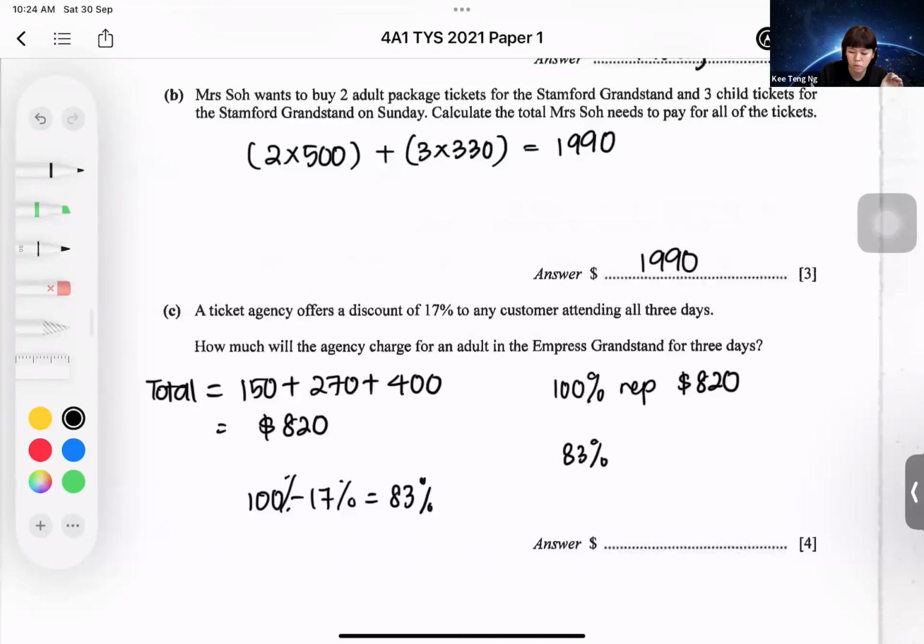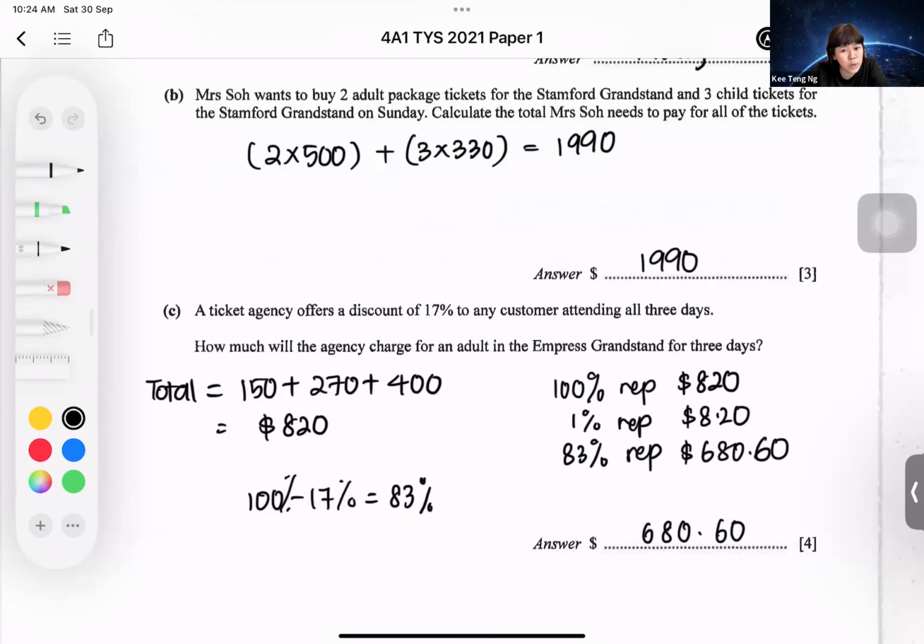Okay, some of you like to find 1% first, no problem. You take 820 divided by 100, $8.20. Then you multiply by 83. So 8.20 times 83 will give you $680.60.